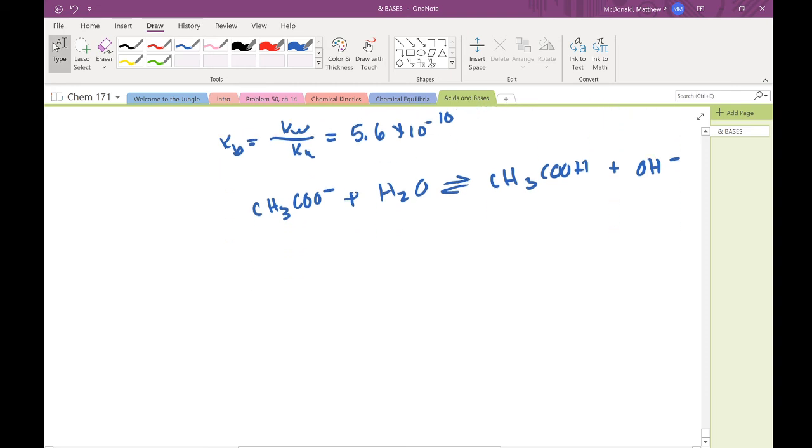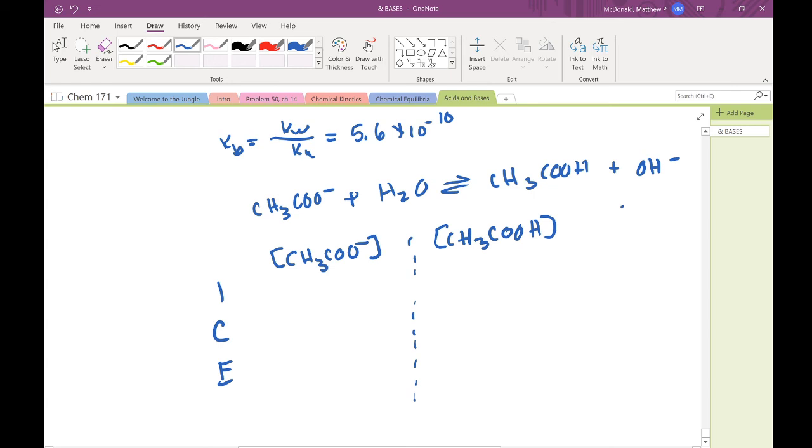Now we just need to set up an ice table. We have our acetate concentration here, that's our only reactant that we care about. And then on the other side, our acetic acid concentration and our OH minus concentration.